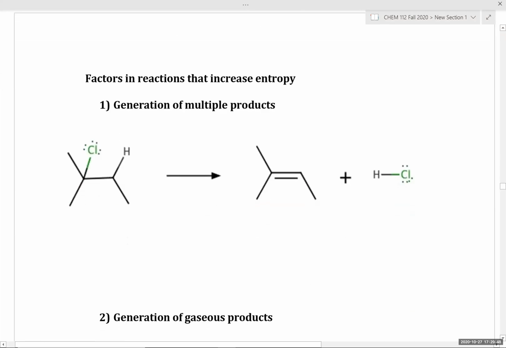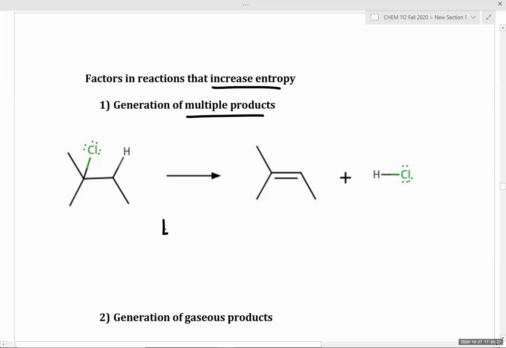Okay, so there are a few factors in reactions that can increase the entropy of our system. The first of which is the generation of multiple products. If we generate multiple products, in general, we have more potential states on our product side. If we take one reactant and generate multiple products, this reaction is favored via entropy. So we are increasing the amount of entropy of our system.